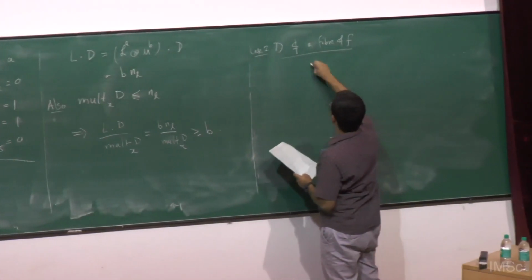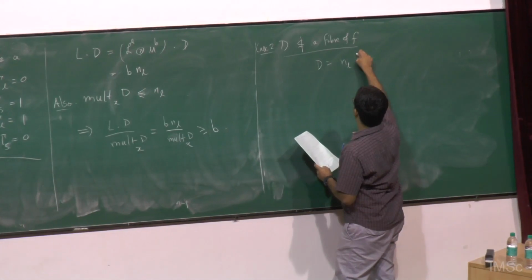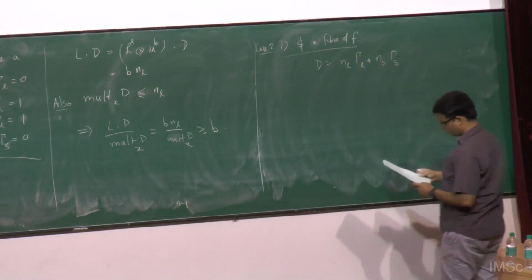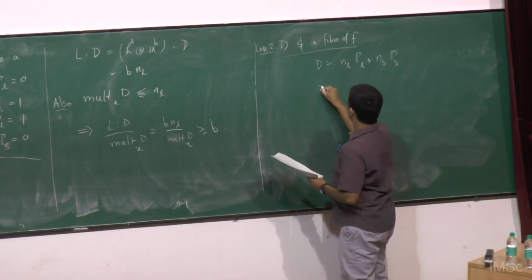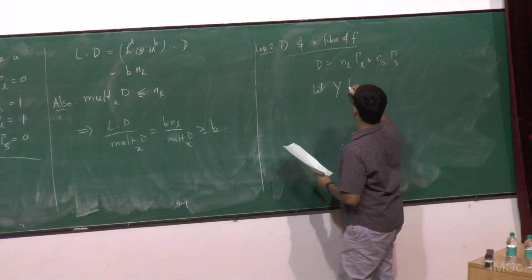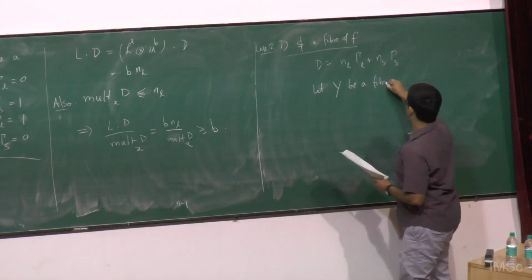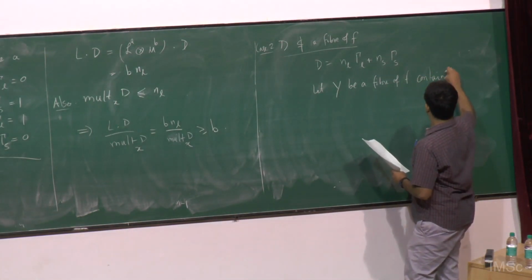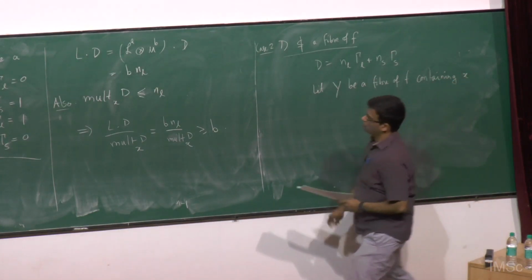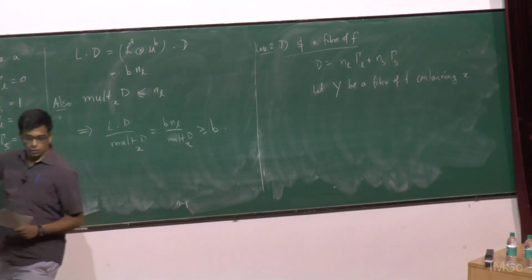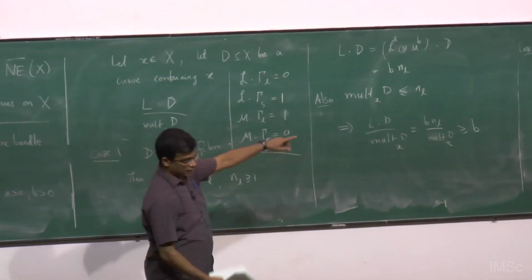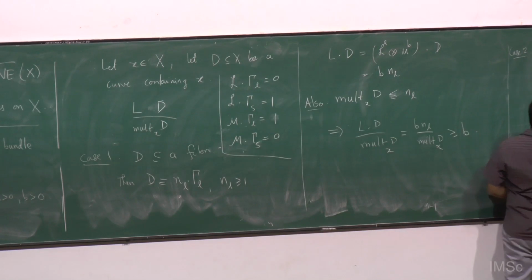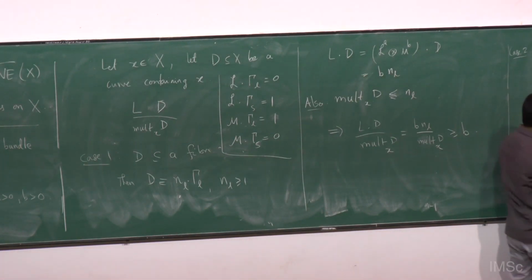So we write D as some N_L gamma_L plus N_S gamma_S. So I have chosen a point a priori. One of the fibers of small f contains that point, so let Y be that fiber. We know that D is not contained in Y because D is not contained in fibers.